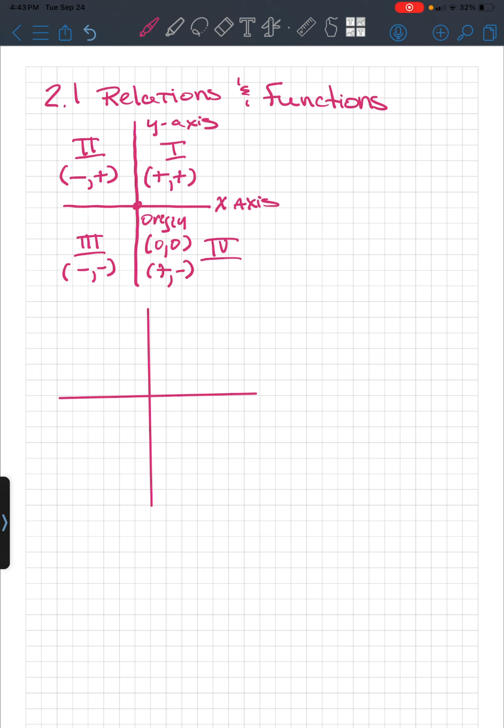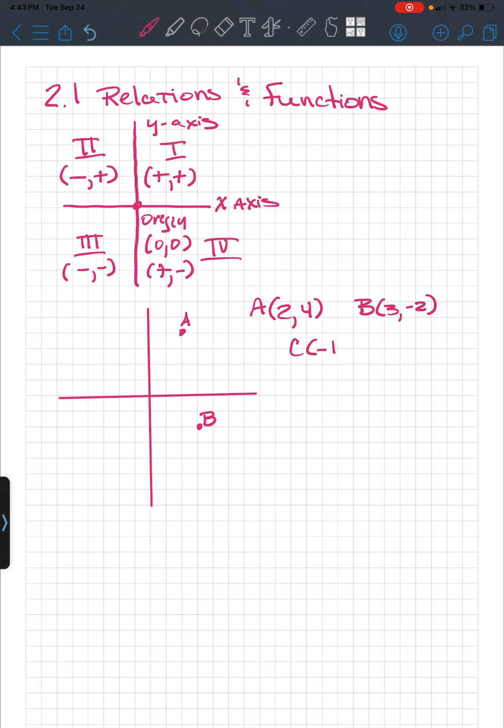So if I need to put 2, 4, this is example 1, and it's A on this plane, I'm going to go to the right 2 and up 4, and that is point A. B is 3, negative 2. So I'm going to go to the right 3 where my x is positive and down 2 because my y is negative.